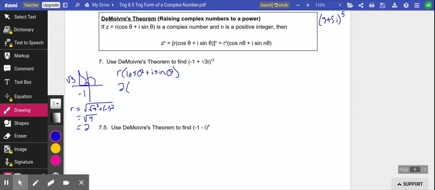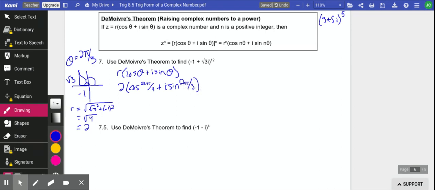So we're going to be 120 degrees, and we're going to go into radians. So 2 pi over 3 is going to be our theta. Okay, so we have 2 times cosine 2 pi over 3 plus i sine 2 pi over 3.